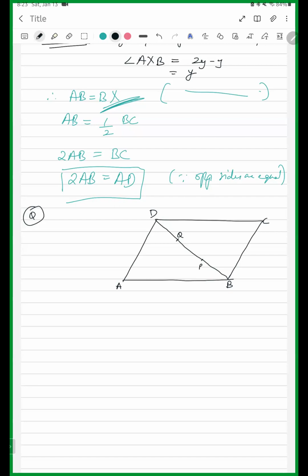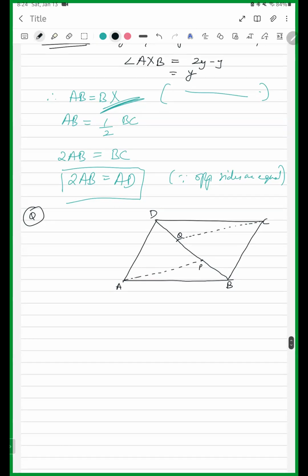Prove that CQ is parallel to AP. So this is CQ and this is AP. Also prove that AC bisects PQ.